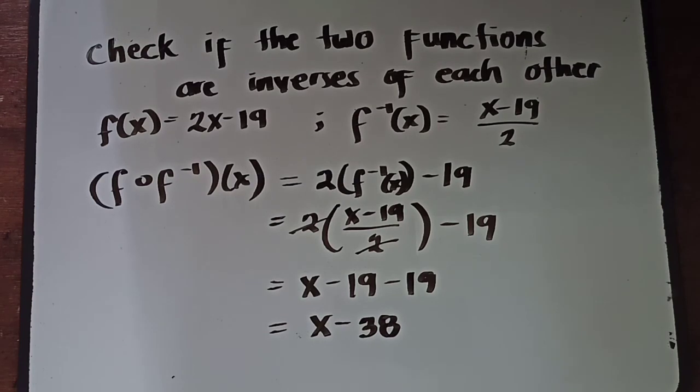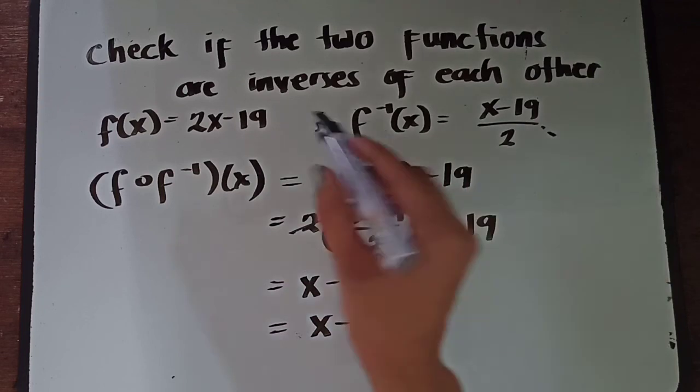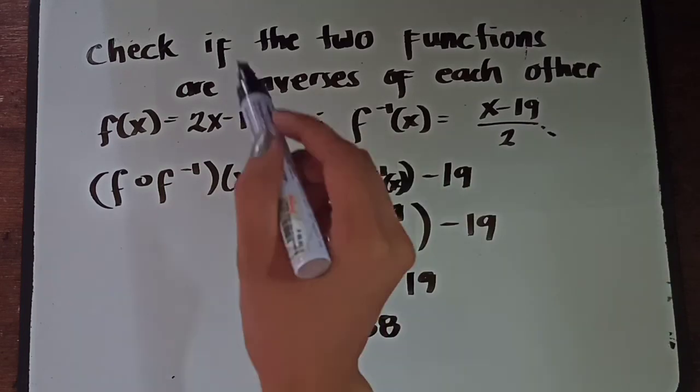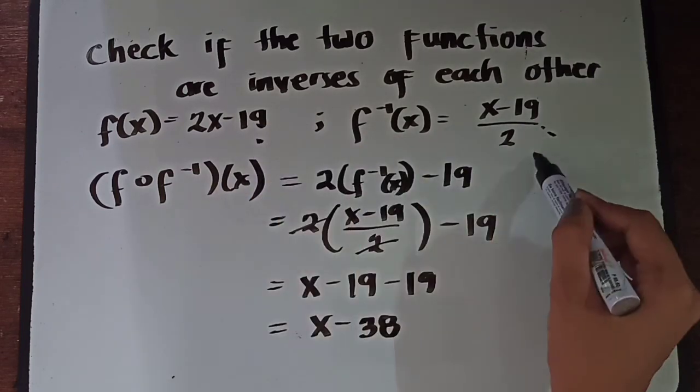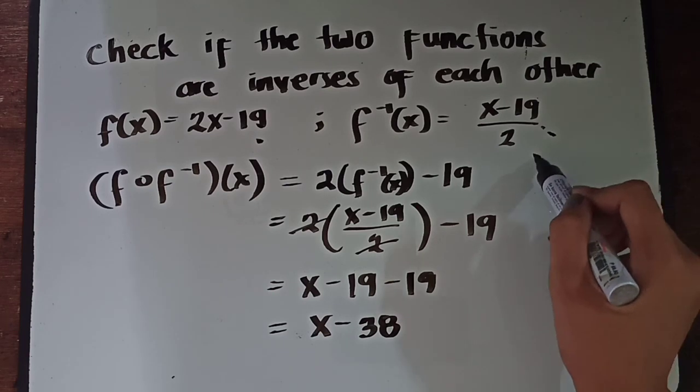Okay, so since hindi x ang naging sagot, this only proves that this is not the inverse of this function. And this is not the inverse of this function. Okay?